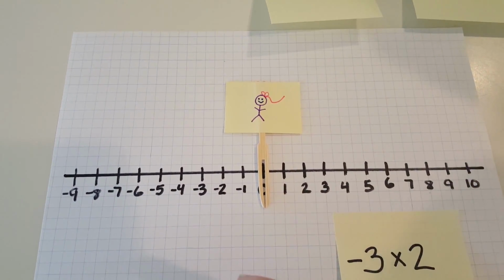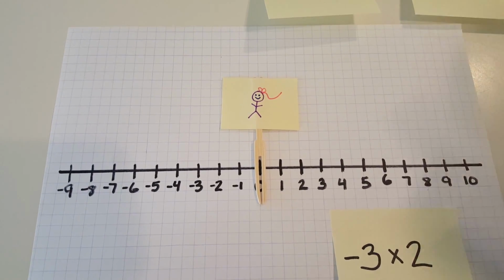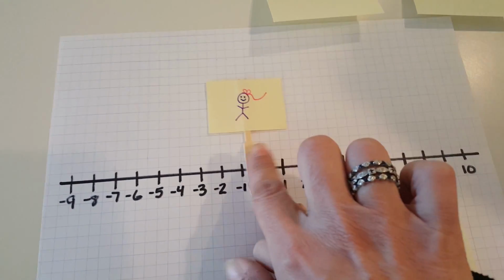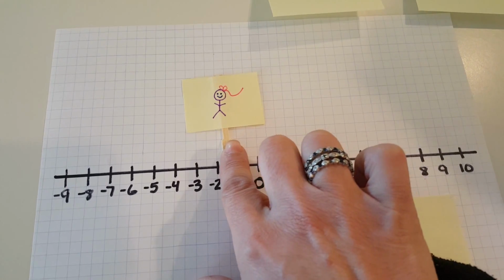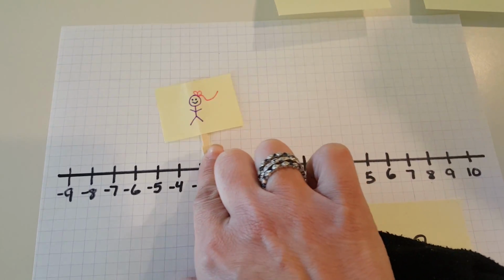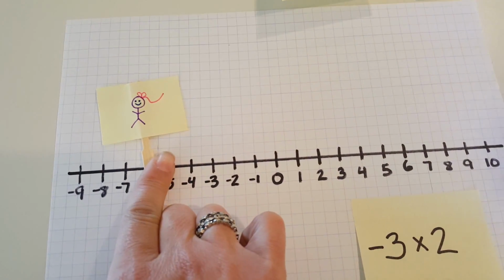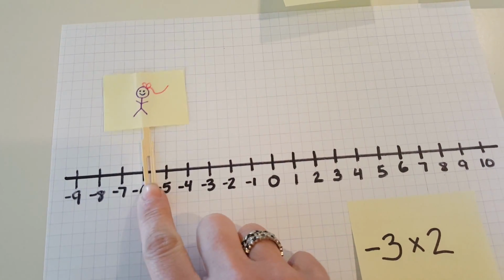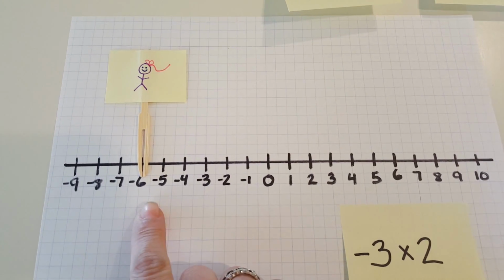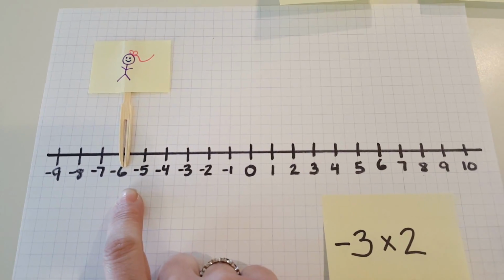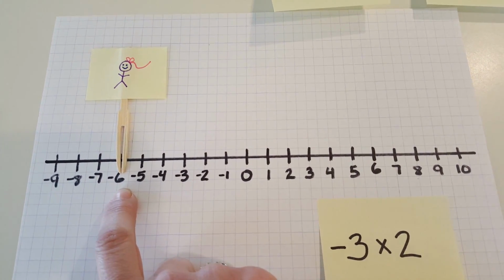And now I'm going to take 3 steps. Each step is going to be 2 units long. So here's my first step, here's my second step, and here's my third step. And we can now see that -3 times 2 is -6.